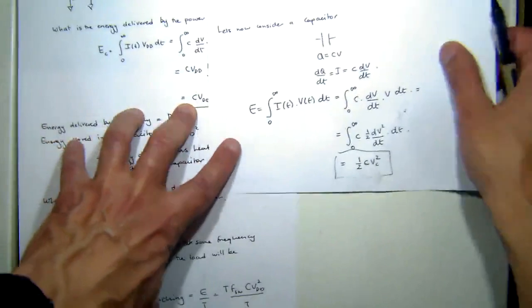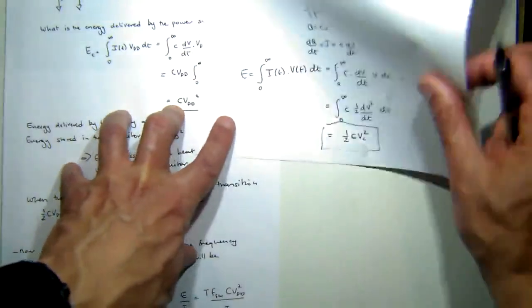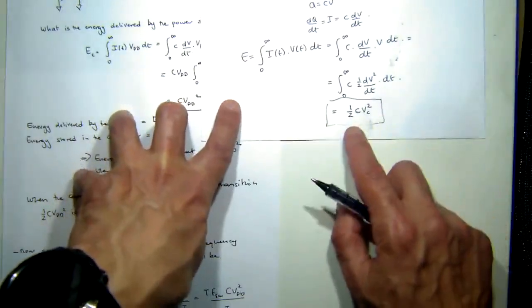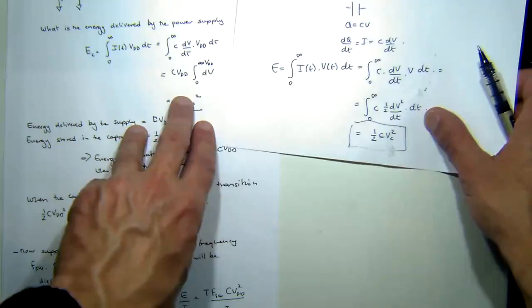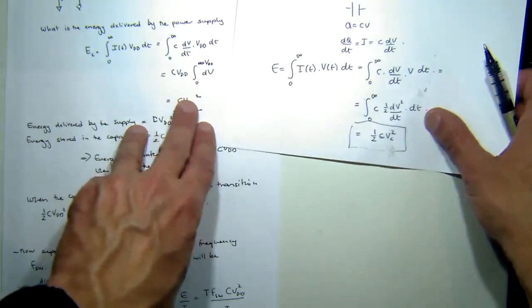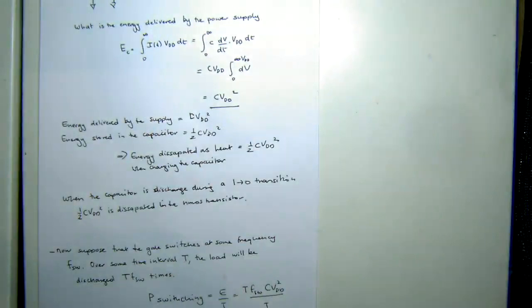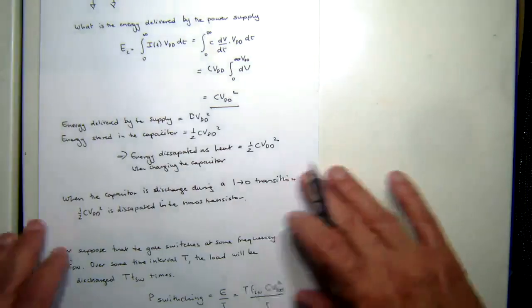We've worked out that the energy stored in the capacitor is a half C VDD squared. So what does it say about the efficiency of this process? 50%. So every time you're charging a capacitor, 50% of that energy goes into generating heat.